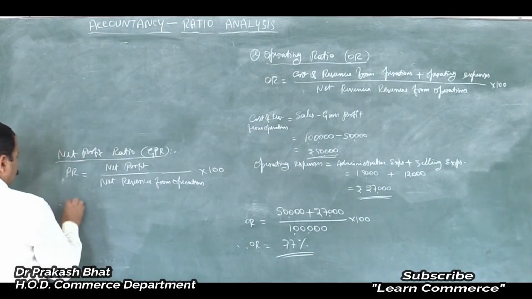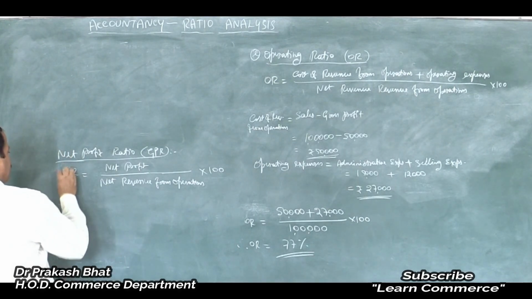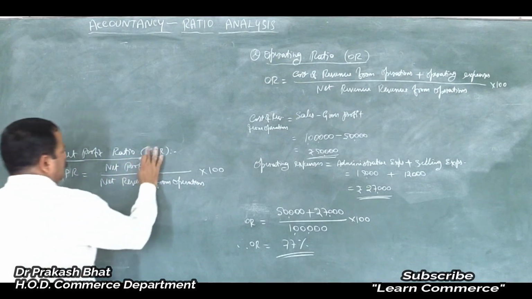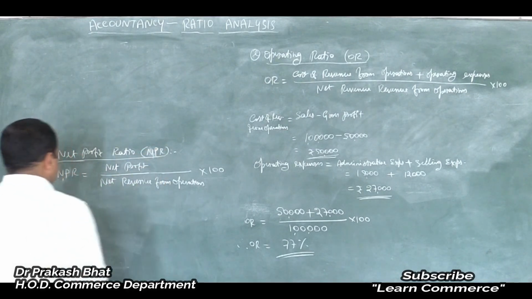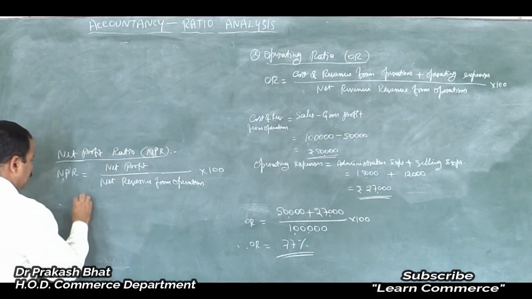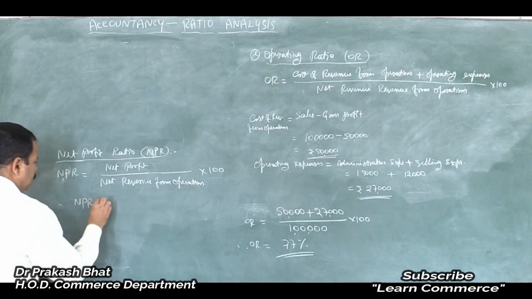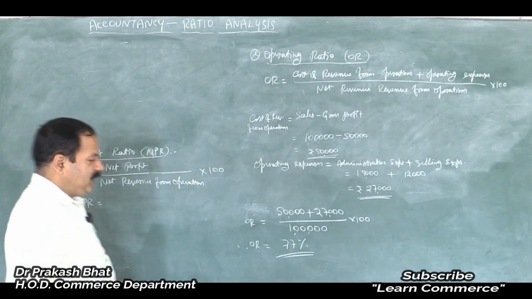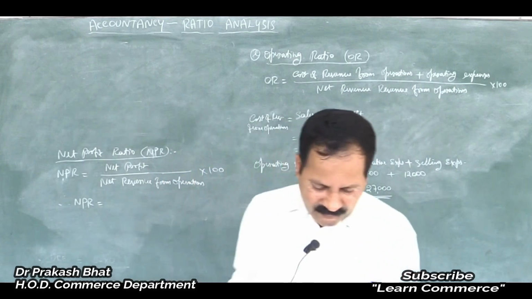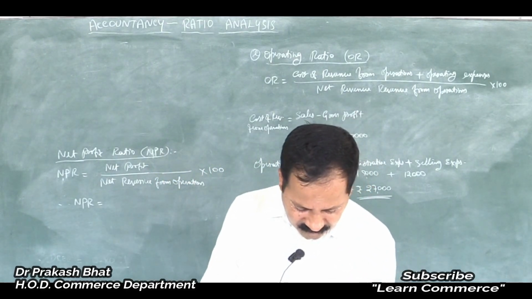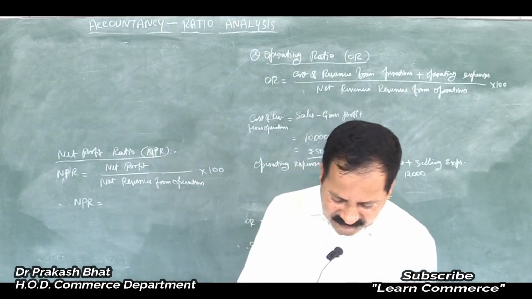So therefore net profit ratio, NPR, is equal to net profit. How much? Net profit is 20,000. Is that correct?